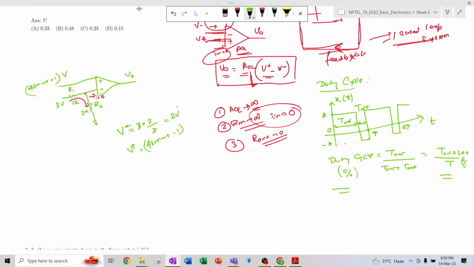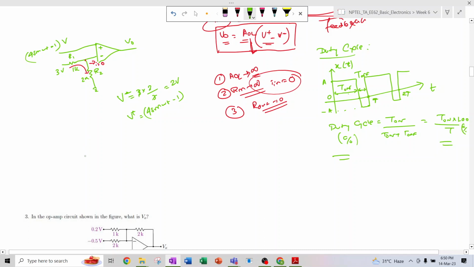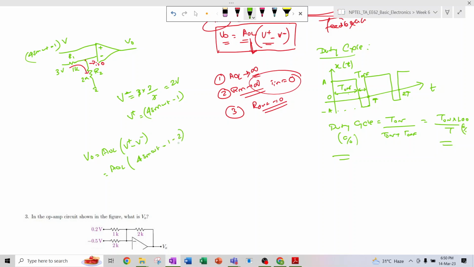So what will be VO? As I have already discussed, VO is AOL times V plus minus V minus, so AOL times 4 sine omega t minus 1 minus 2, which is AOL times 4 sine omega t minus 3.